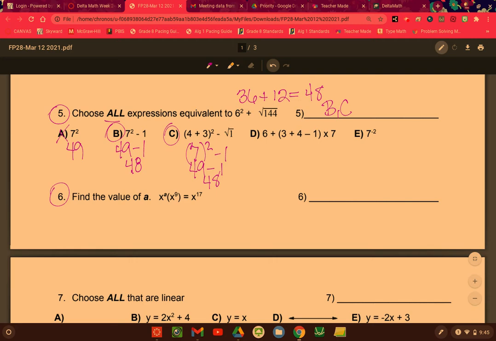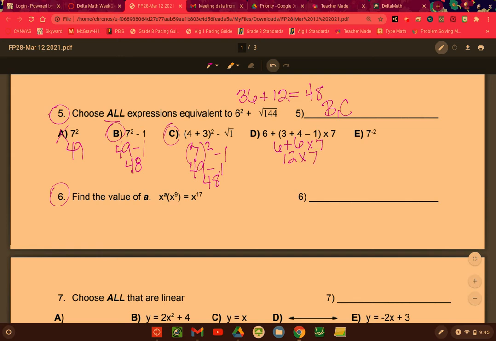Okay, 6 plus the quantity 3 plus 4 minus 1. So within the parentheses, we must go left to right. 3 plus 4 is 7, minus 1 is 6. 6 plus 6 times 7. 12 times 7. Nope.